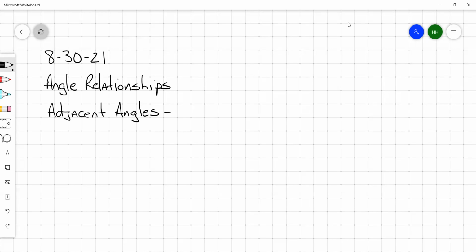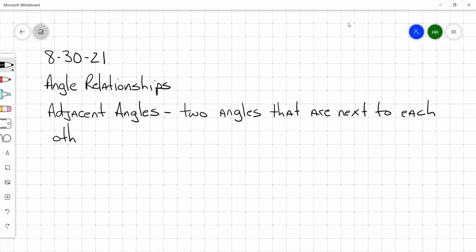All right, adjacent angles: two angles that are next to each other. They share a side and a vertex.